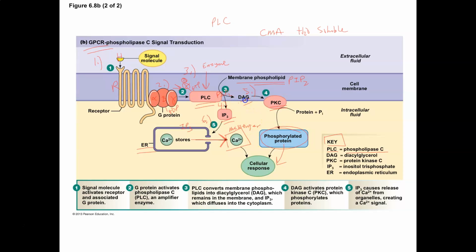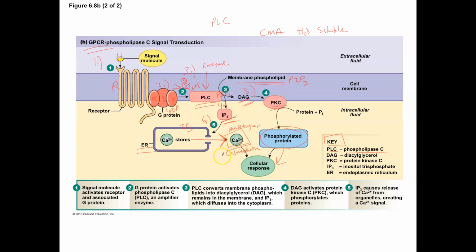So we have DAG acting as a messenger, we have IP3, inositol triphosphate, acting as a messenger, and now we have even calcium acting as a messenger inside of the cell. That calcium is going to go on to interact with a protein called calmodulin.